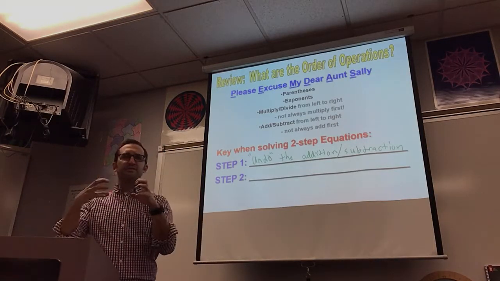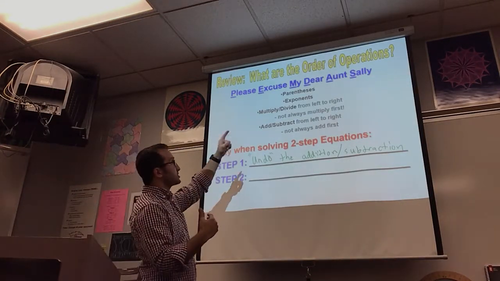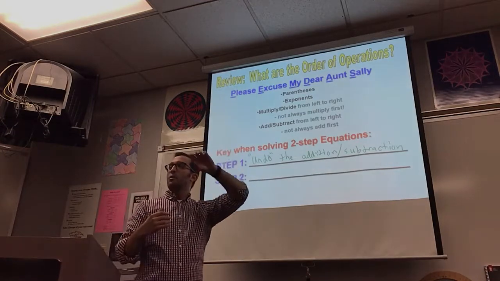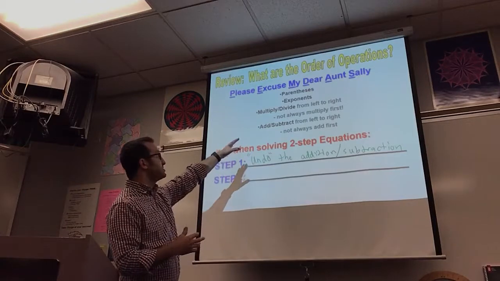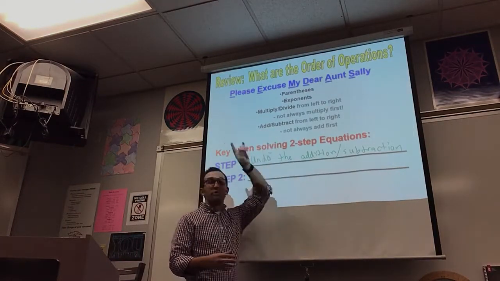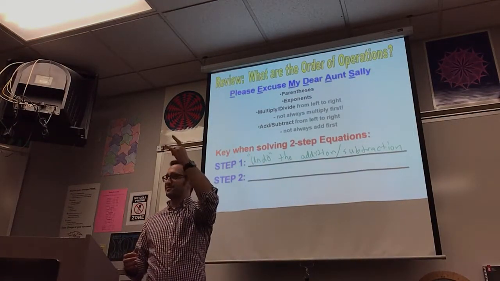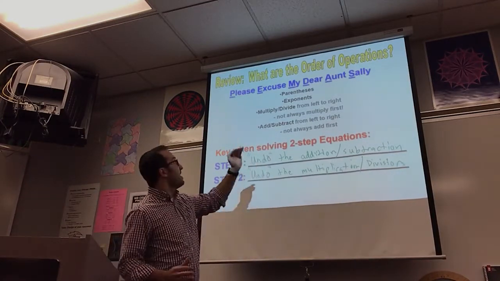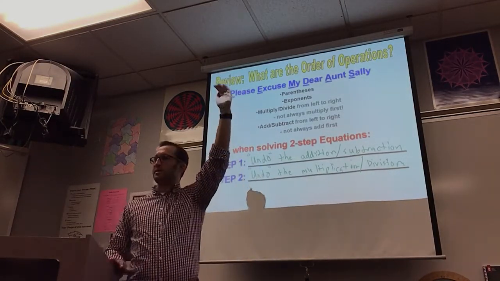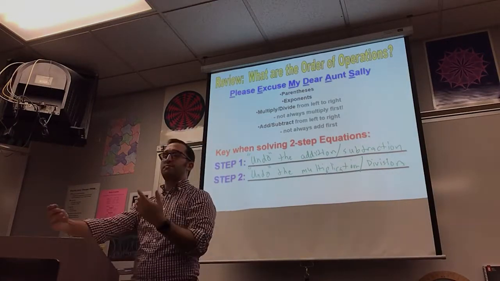So if we're using inverse operations, we should use the inverse order of operations when we're solving equations. So we would use subtraction and addition first, or we'd use its inverse first. And then the second step, what do you think it's going to be? Multiplication and division. It's the inverse of what you have learned.